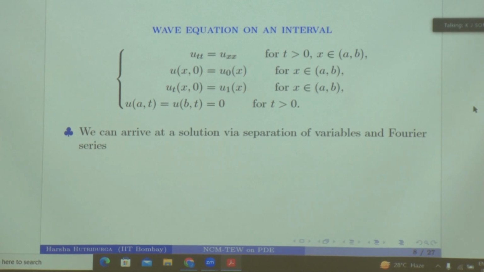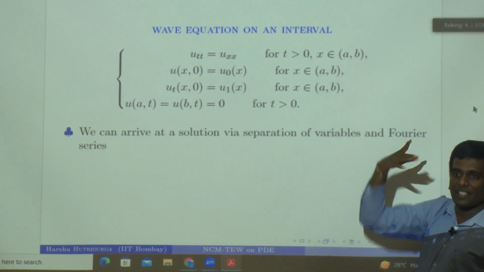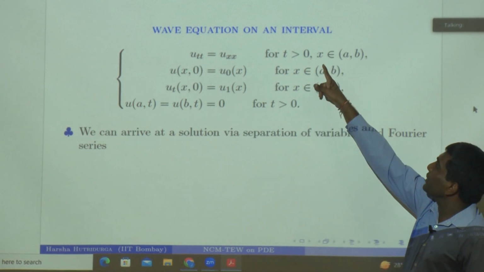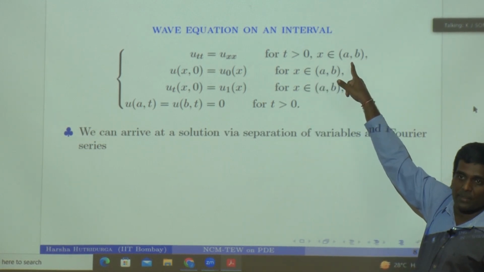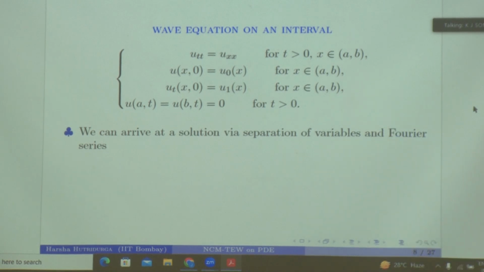Suppose this is your x axis, and this is your t-axis, and suppose this is my point x comma t. Can we solve this problem just by D'Alembert's formula? We know that when x runs over the whole of R, we can solve it by D'Alembert's formula. What if x is restricted to an interval? Can we still use D'Alembert's formula?